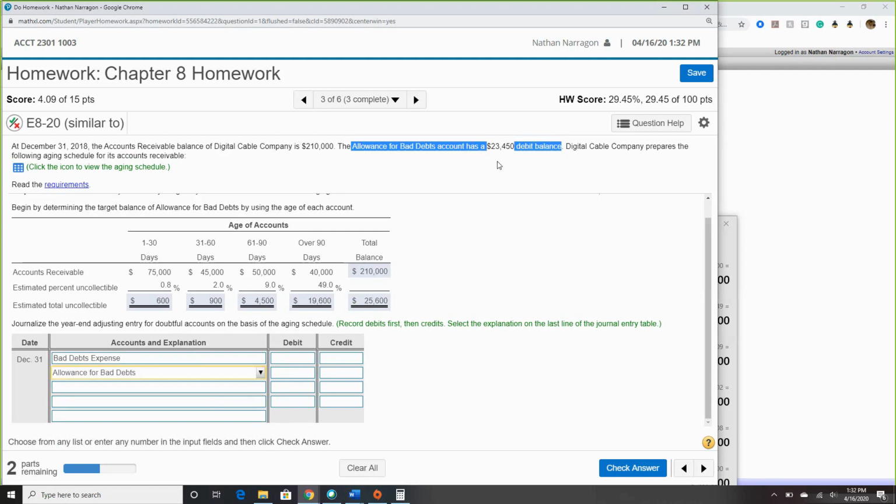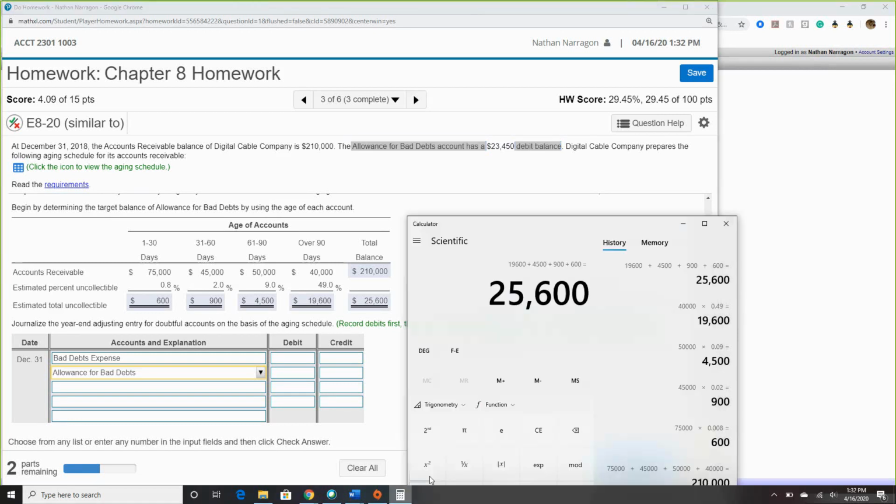Yeah, we add. We'll add the amounts when it's a debit balance. If it says credit, then you would subtract. Okay? I think we just did that just to mess with y'all and see if you want to subtract the two. So I have 23,450 plus 25,600. Means my adjustment should be 49,050.